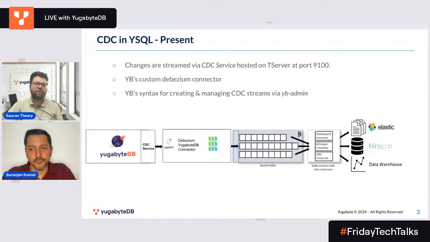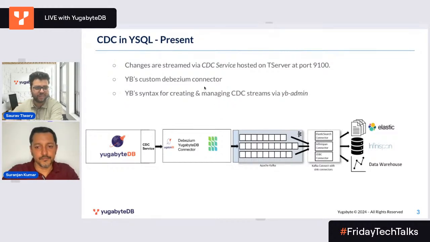If you're a consumer of CDC, you are supposed to deploy our custom DBSM connector, whose job is to pull the data from this CDC service and push the changes to Apache Kafka, from where the downstream systems can consume the changes. One of the things to note is that because this DBSM connector has to pull from the CDC service, it needs access to the T server, the tablet server. So it needs access to the port number 9100.